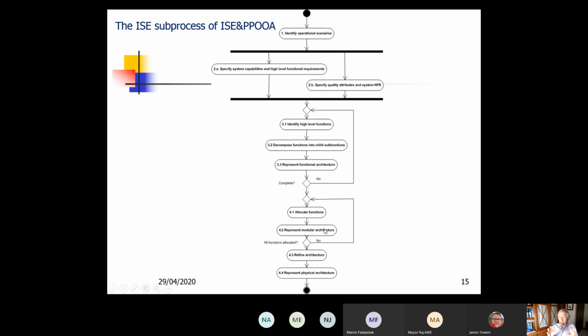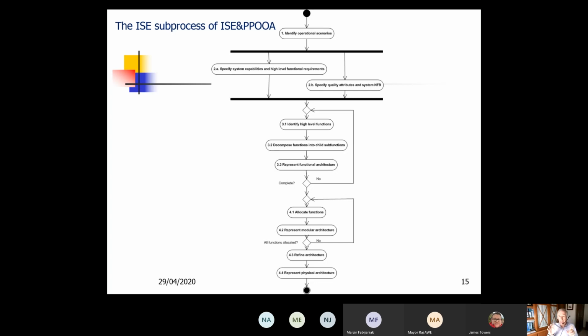After we have the logical or modular architecture, we refine this architecture taking into consideration heuristics and a trade-off analysis for technology issues.